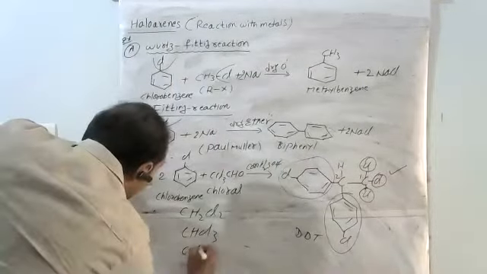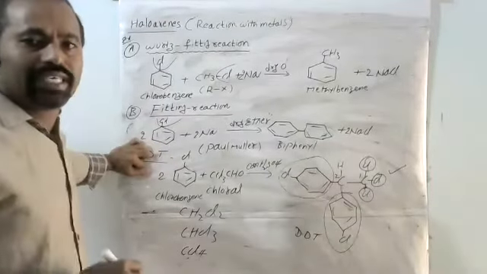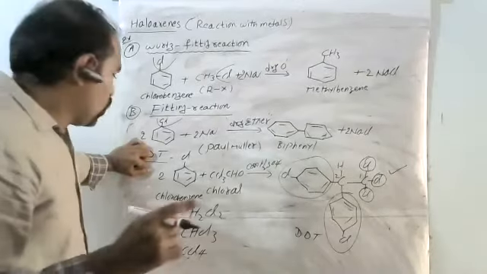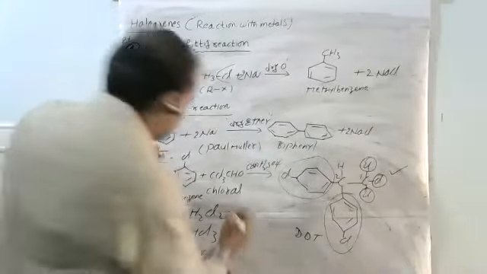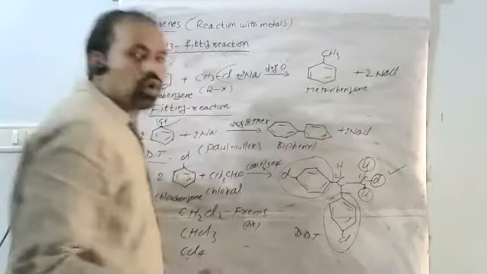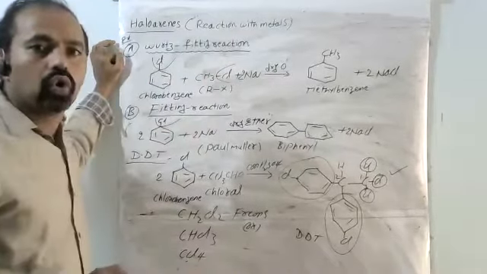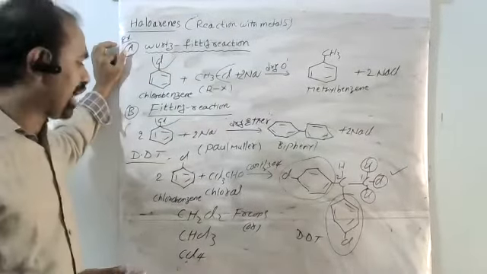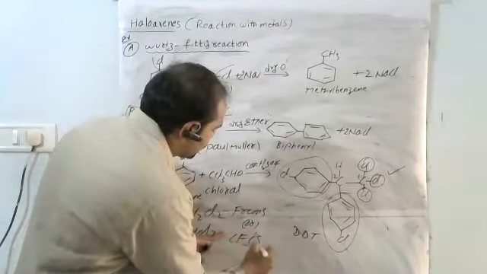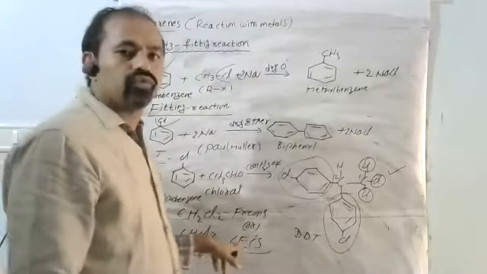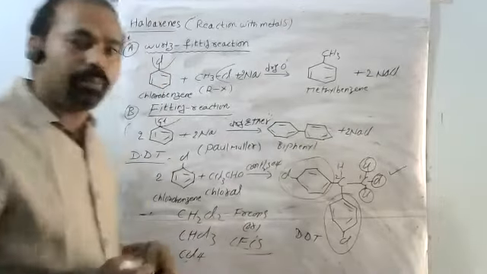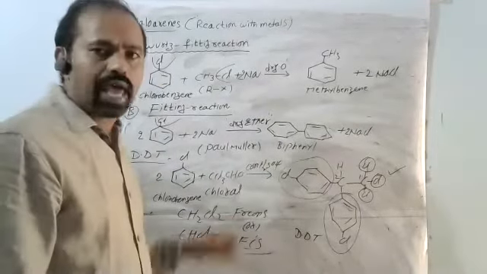Not only that, carbon tetrachloride, CCl4, is also a halogen derivative. Not only that, freons, also called fluorochlorocarbons, nowadays simply CFCs, chlorofluorocarbons.